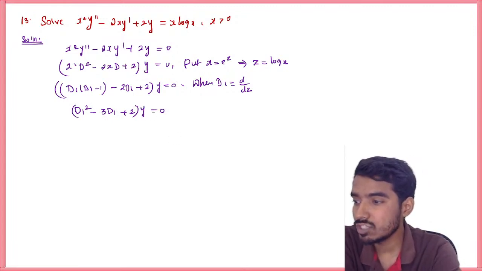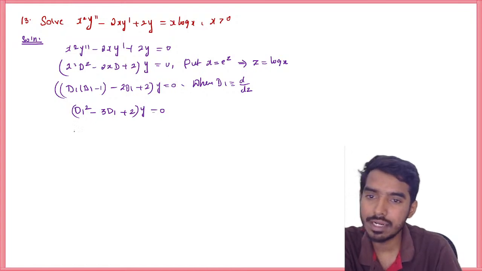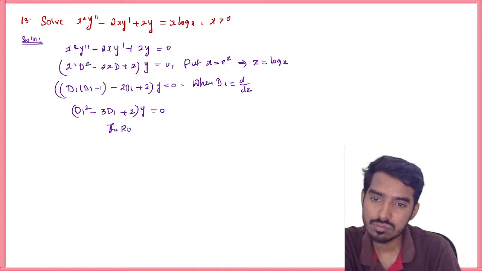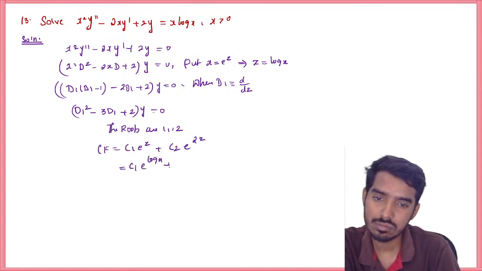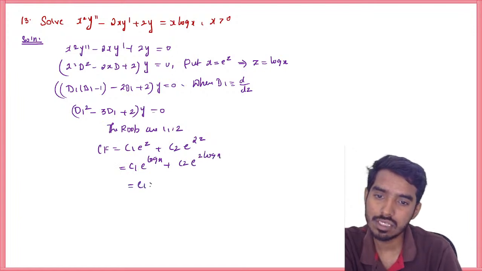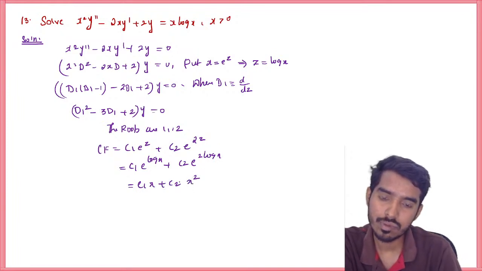You just find the roots for this. The roots are 1 and 2. So the solution is y = c1 e^z + c2 e^{2z}, where z is log x.